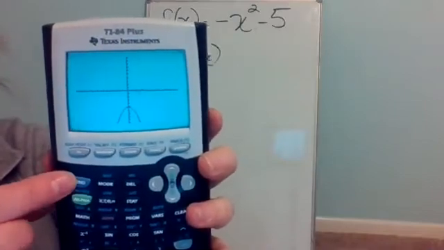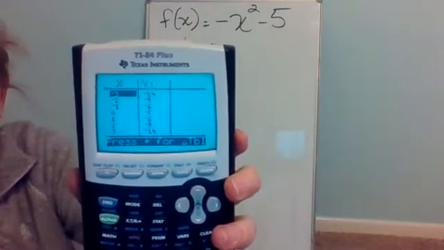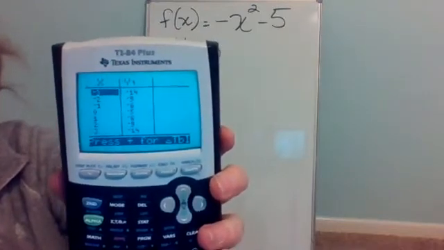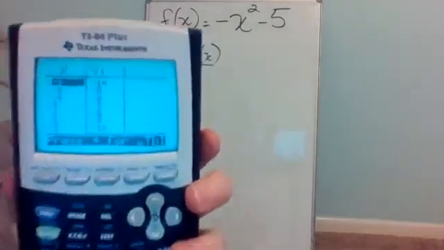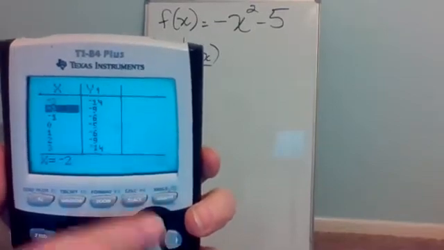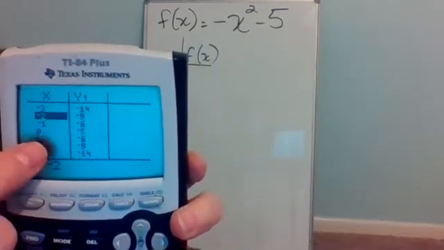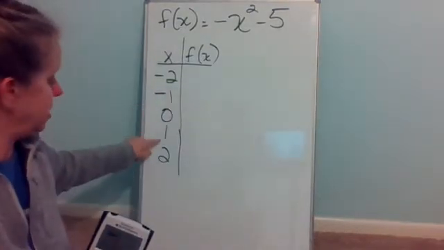So to fill out the rest of my chart, I need to hit the second button and then go to the table. And let's see, I am using these right here. -2, -1, 0, 1, and 2 are the numbers that are in the chart that you're filling out, right?